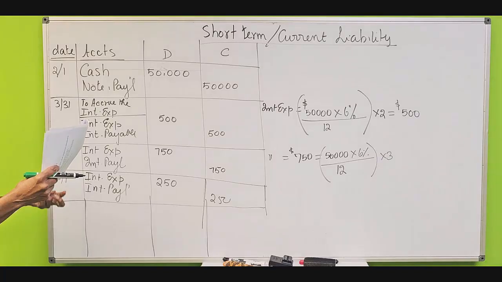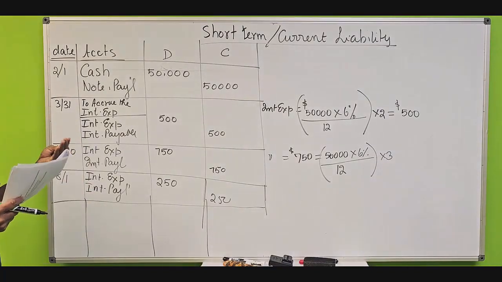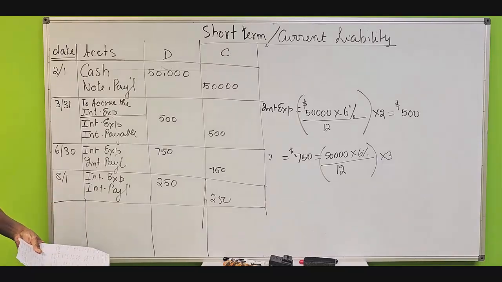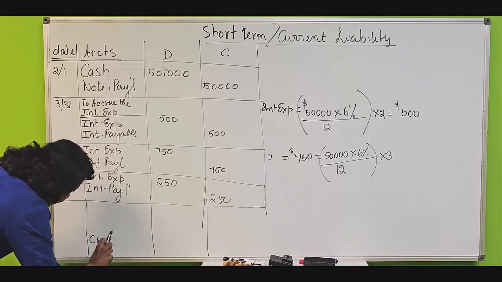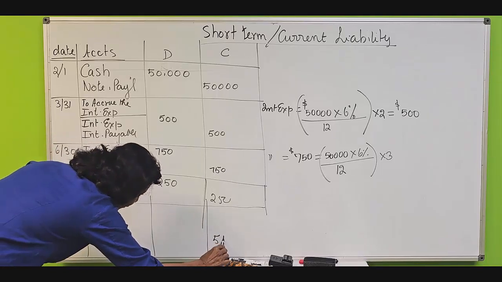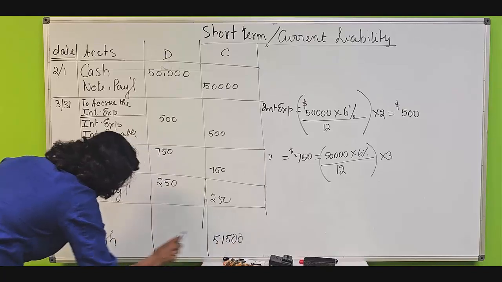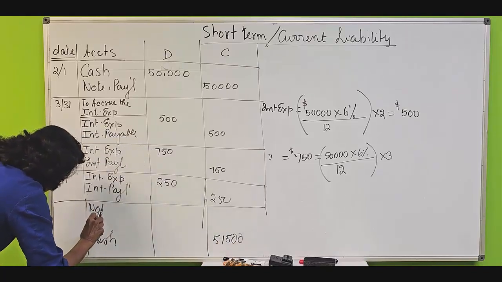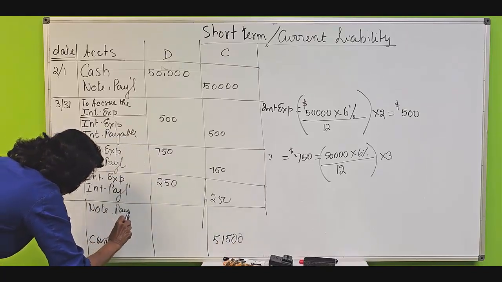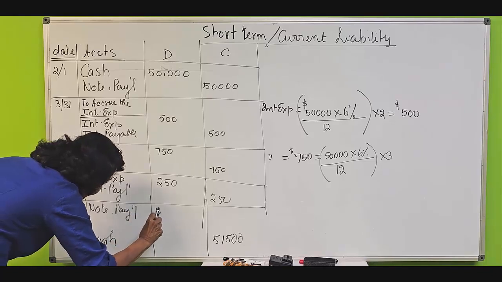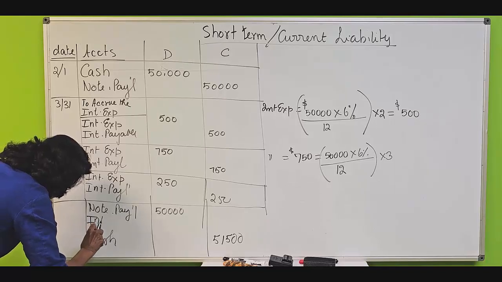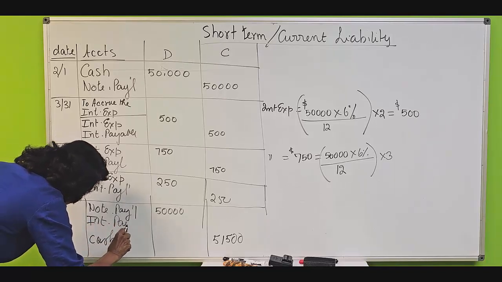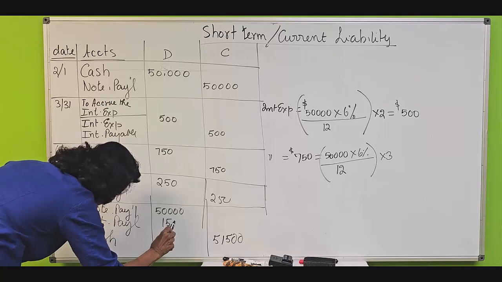So the total cash the company is going to pay is the $50,000 loan plus $1,500 interest, $51,500. So you credit cash for $51,500, debit note payable for $50,000, and debit interest payable for $1,500.